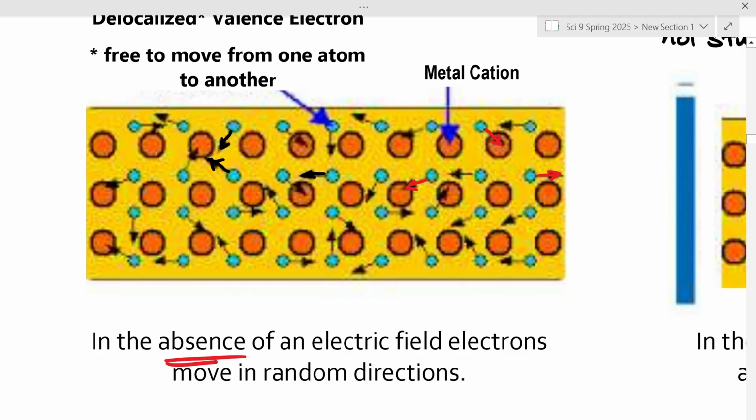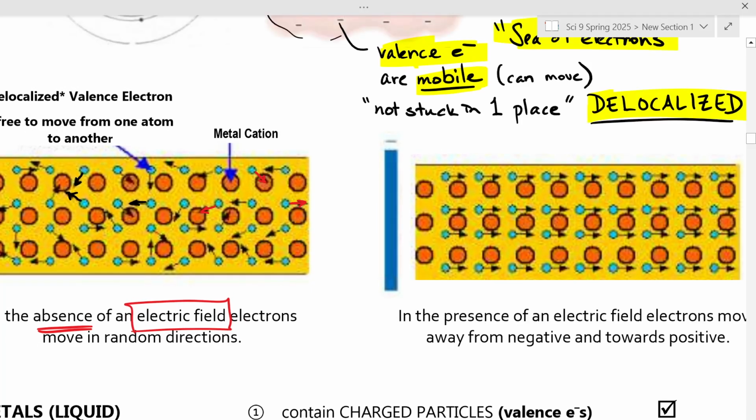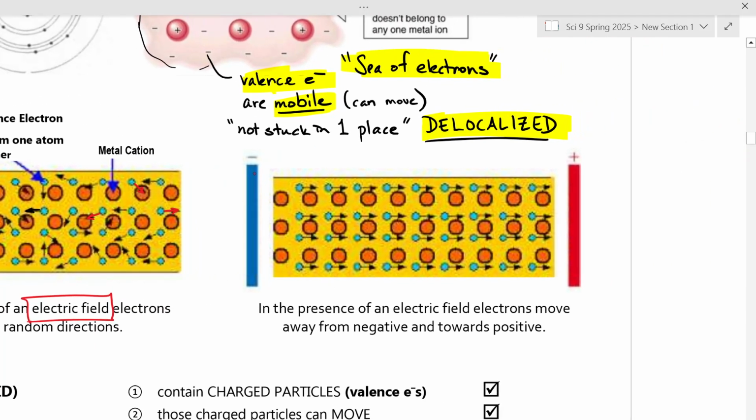So this is in the absence of an electric field. But the moment we put a negative on one side and a positive on the other, all of those electrons start moving in one direction. This would be a great picture for you to illustrate on a quiz about conductivity, which will take place on Friday.